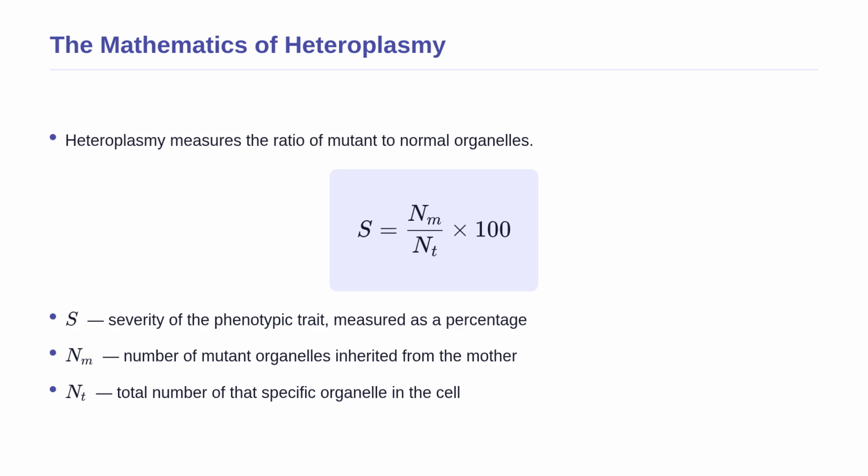NM is the number of mutant or defective organelles inherited, while NT is the total number of those organelles present in the cell. Conceptually, this tells us that disease severity is directly proportional to the fraction of defective organelles. If the number of mutant organelles increases while the total stays the same, the severity goes up, and the offspring will show stronger symptoms.